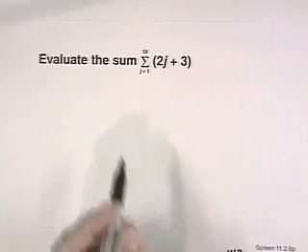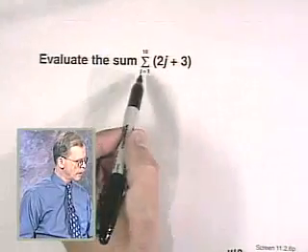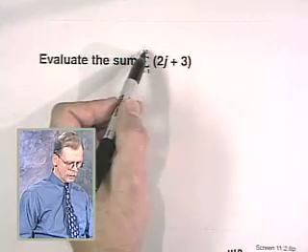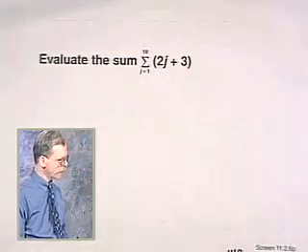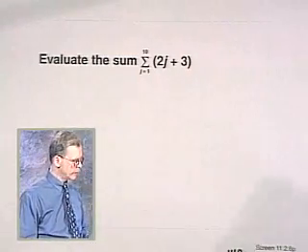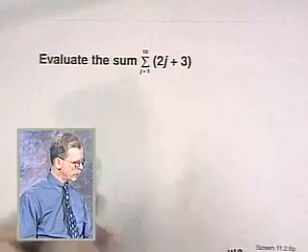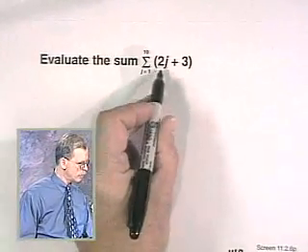Now let's try one with summation notation. If we want to evaluate the sum of 2j plus 3 from j equals 1 up to 10, we have only to find the first and last terms. We can do that by substituting j equals 1.